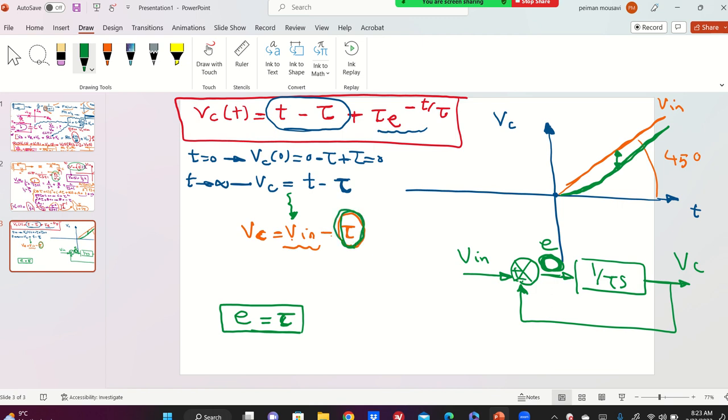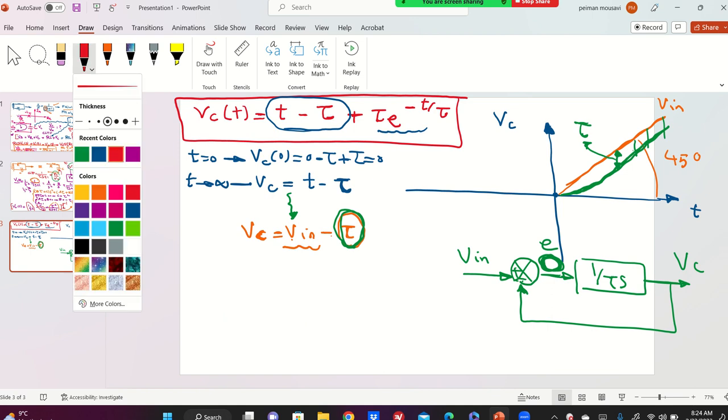Yes, guys? Tau. Tau is constant everywhere. So you see that you have a steady state error signal, tau. Now, let me prove it by the final value theorem.